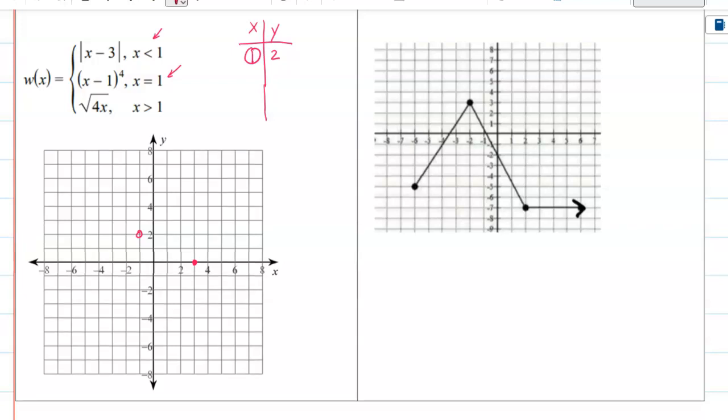So I know that it's just going to be a linear function from there. Oh, wait a second. It starts at 1. What am I doing? So 1, 1, 2. It starts right there. So I could put a 0 in, and that's going to be a 3.